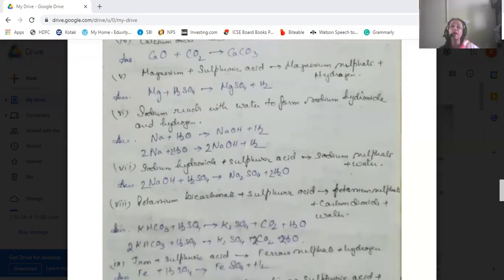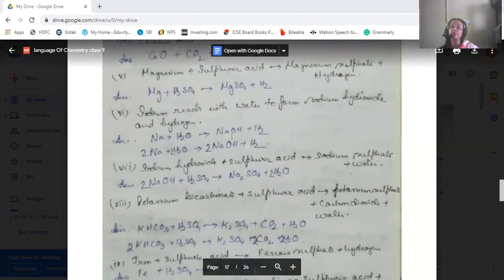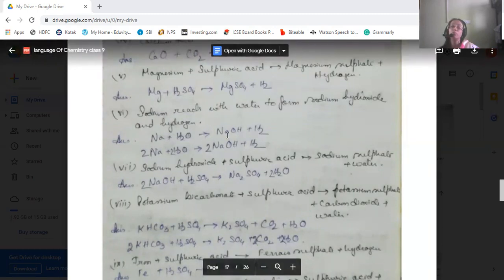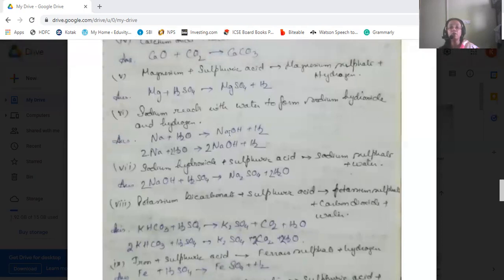Now, sodium reacts with water to form sodium hydroxide and hydrogen. So Na plus H2O gives us NaOH plus H2. So see here, on the reactant side, a single sodium atom is there, H has 2 atoms, and oxygen has 1 atom. On the product side, sodium has 1 atom, oxygen has 1, hydrogen has 3 atoms. So for that, we need to balance the equation.